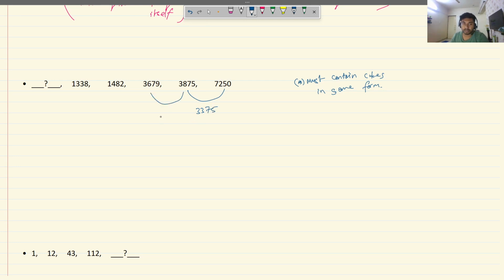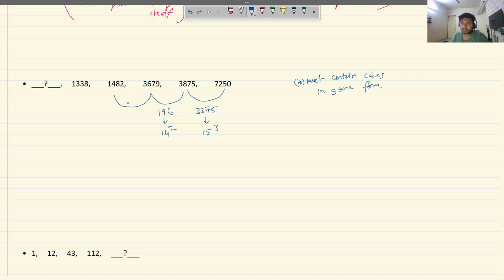The consecutive difference over here is 196. Immediately I can see 196 is 14 square and 3375 is 15 cube. Okay, so we can have an alternating square and cube pattern. Let's see the next one, then we can get confirmed.